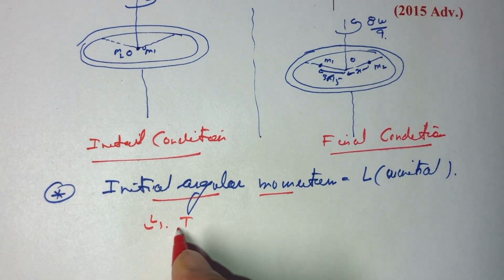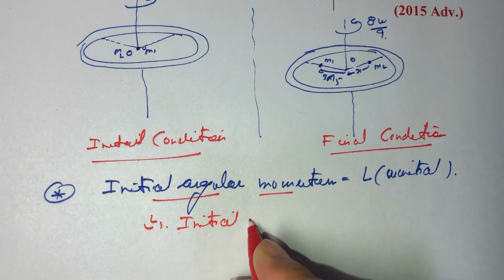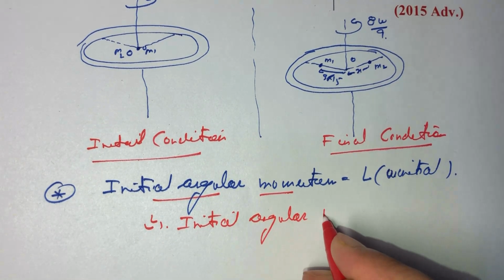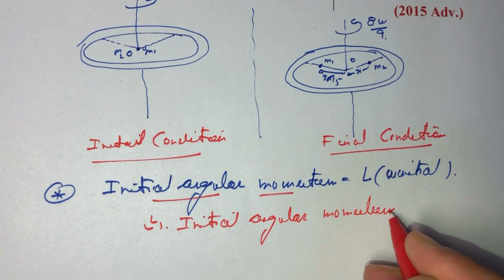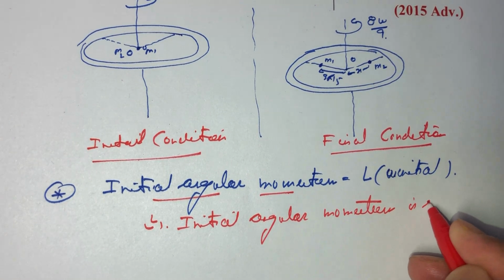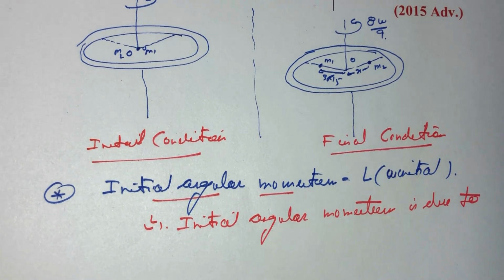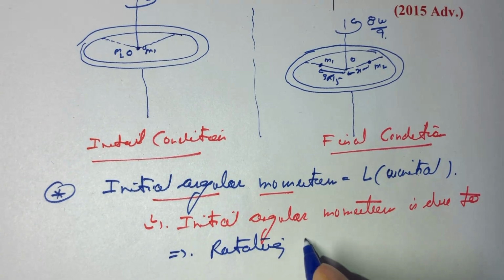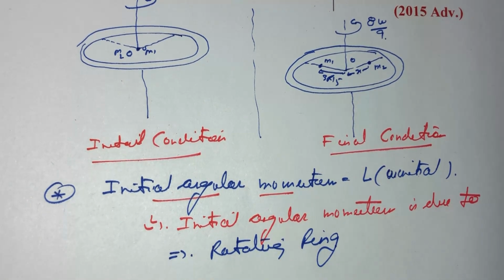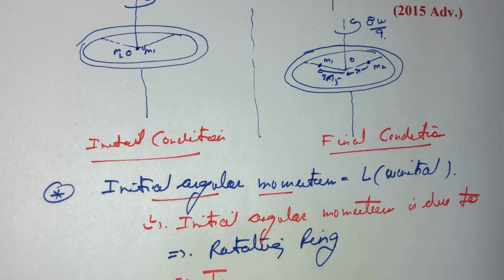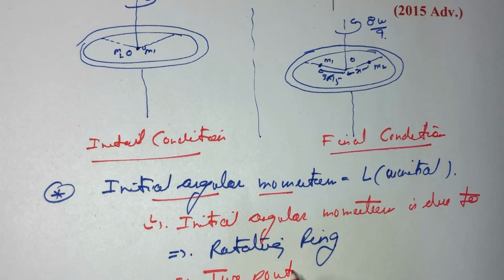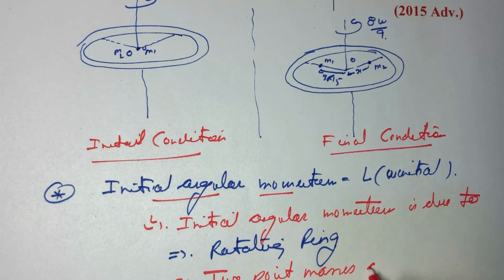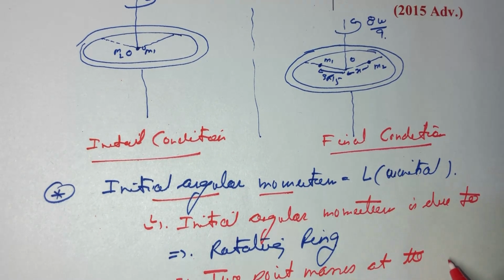Okay, so you can say initial angular momentum is due to the rotating ring and two point masses at the center.